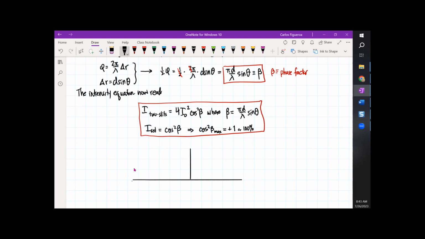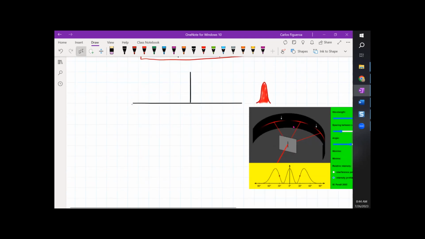And so what I'm going to do here is that I'm going to draw my intensity pattern. So let's see here. Let's say that this guy has a shape like this. And then I'm just going to make combinations of these guys. So let me just copy and paste.